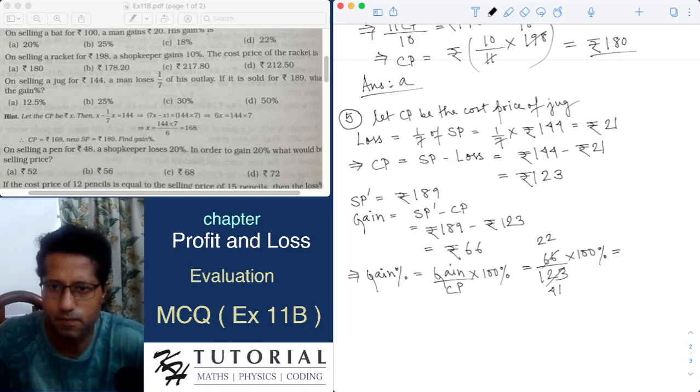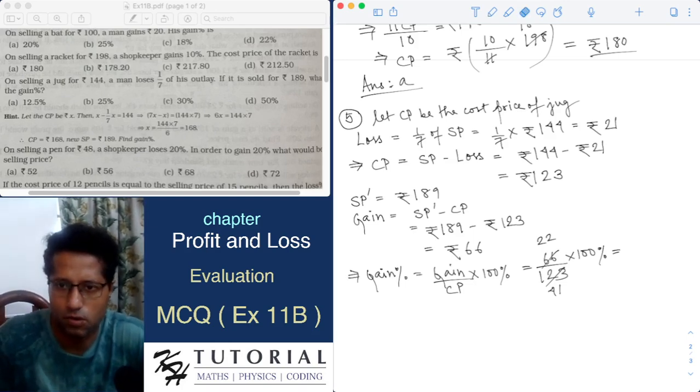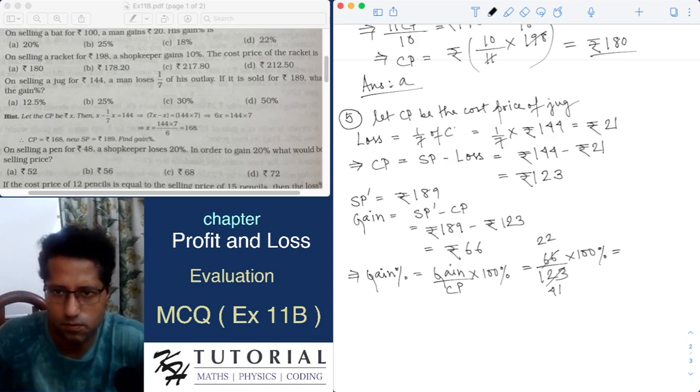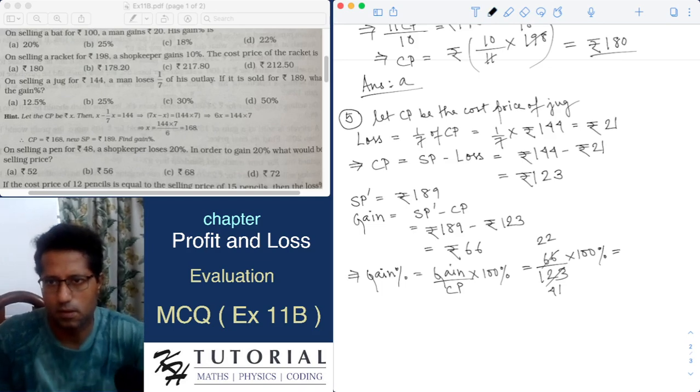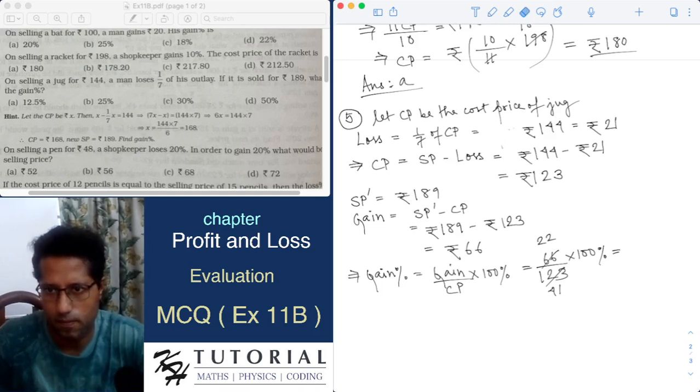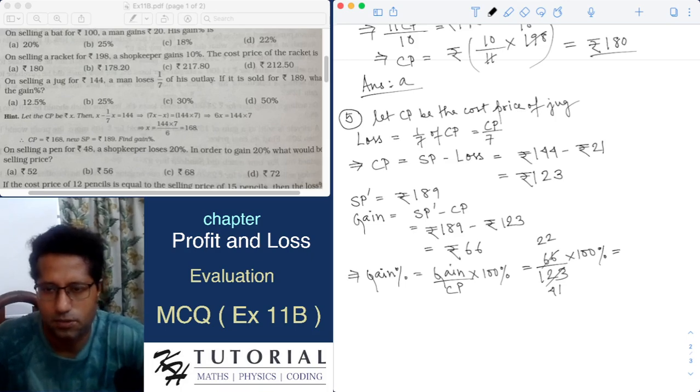So now the loss will be 1/7 of the cost price. This is the cost price, so the loss is CP by 7.